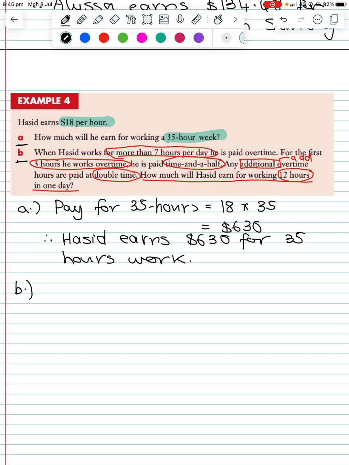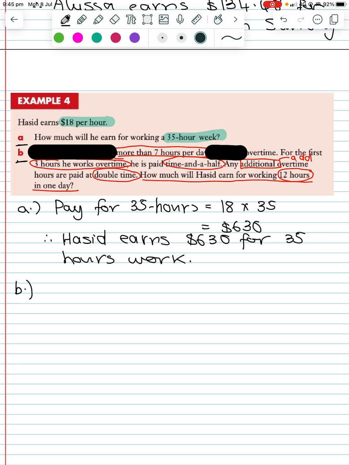So I'm going to just use my black pen and make it a little bit thicker. And I'm going to cross out all the information I don't need. So we don't really care about his name. We care about the more than 7 hours. He's paid overtime. So more than 7 hours, overtime.